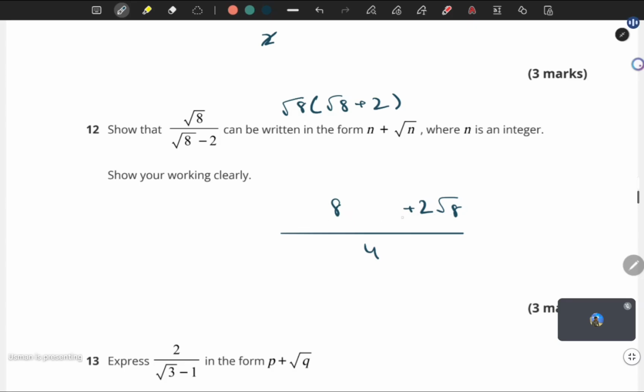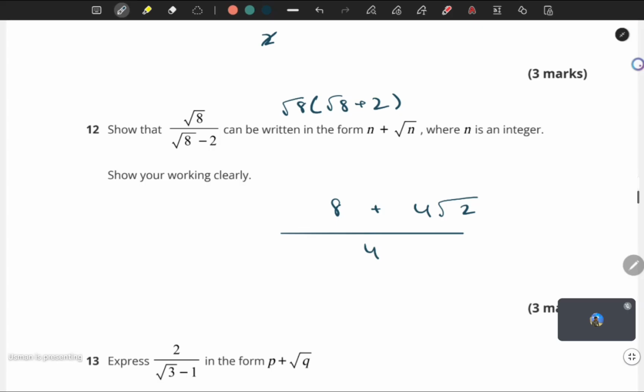Now what you want is, let's say, we divide both of these by 4. Or let's divide it by 2. Or we can divide it by 4 as well. So this is 2 root 8. Root 8 can be written as 2 square multiplied by 2. So this could be 4 root 2.